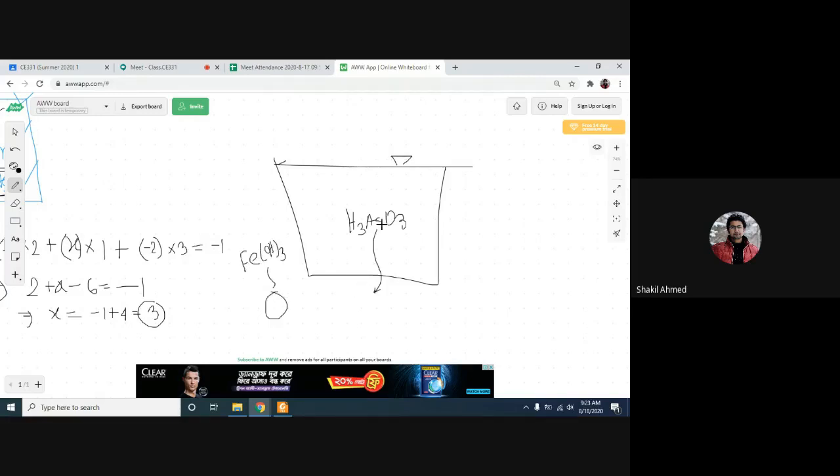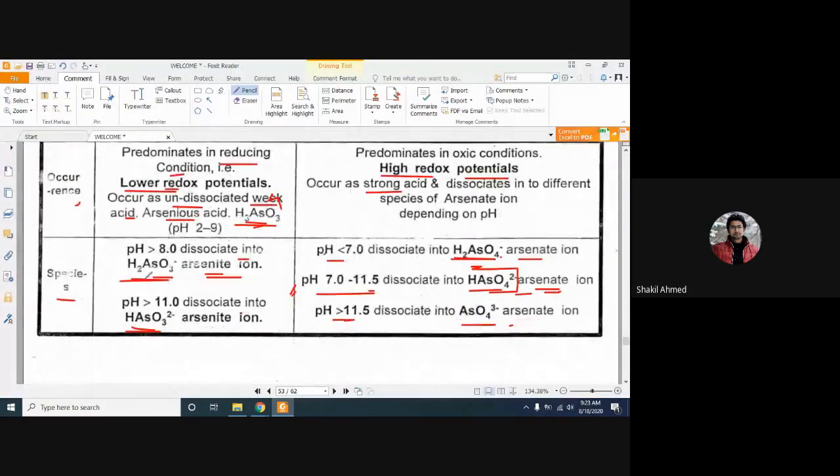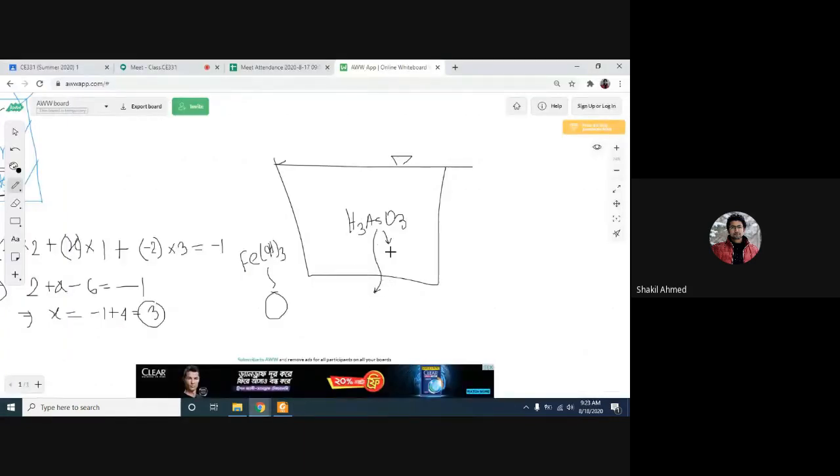But when you can convert these to this, for example H2AsO3 minus, then this ionized form has an ion. Did you see?